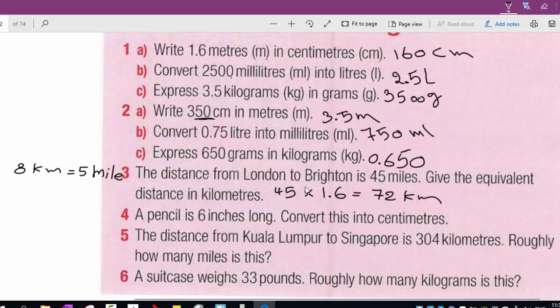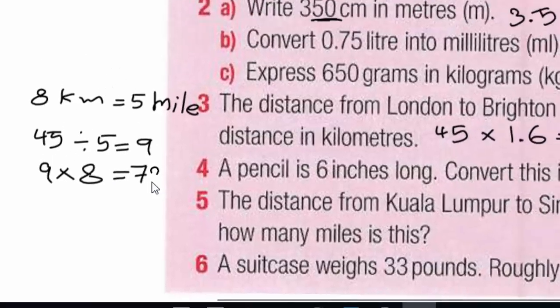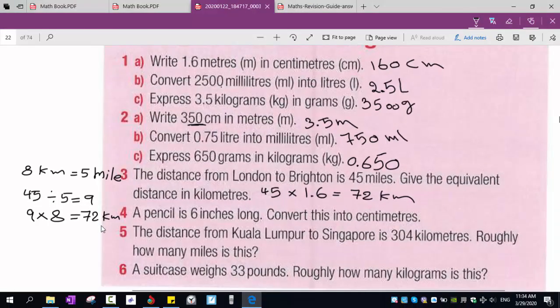Each 5 miles is 8 kilometers, so there are 9 lots of 5 miles in 45 miles. It means 9 times 8, that gives 72 kilometers. Sometimes these 2 methods don't give the exact same answer, but they are very close to each other. This method is more accurate. Question 4.